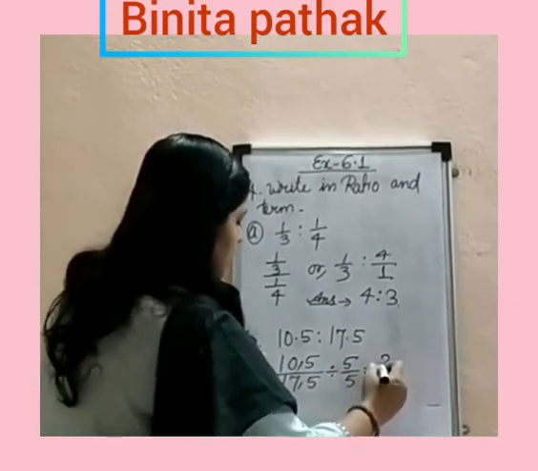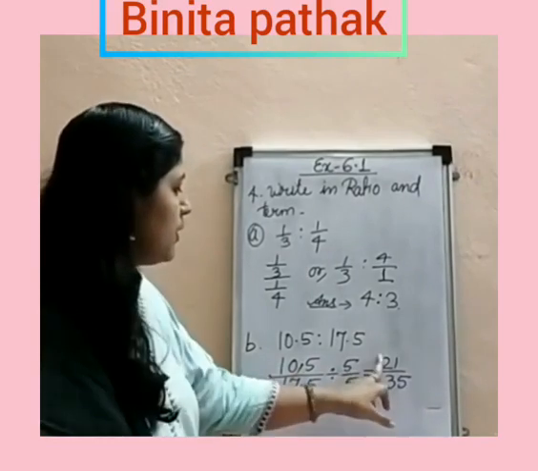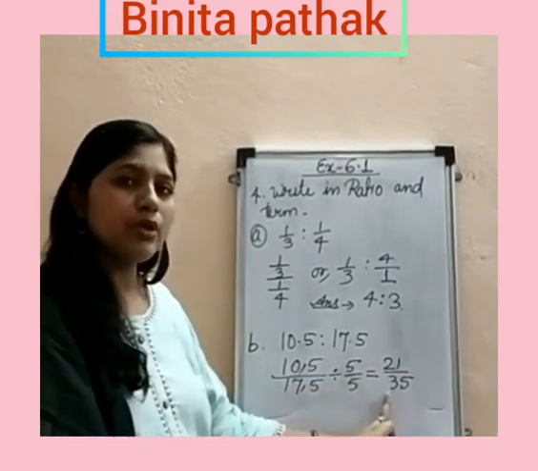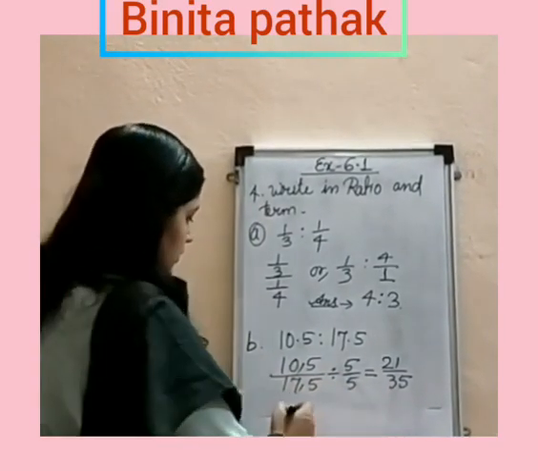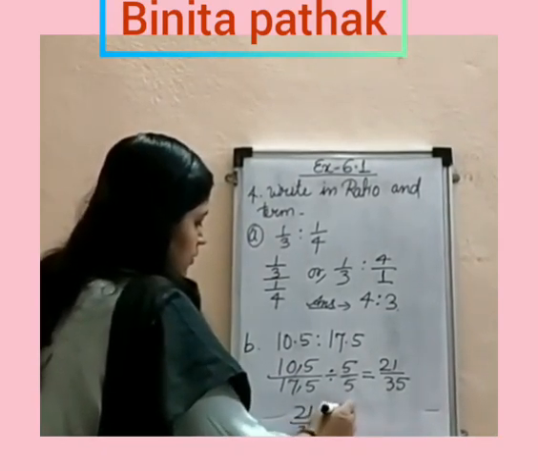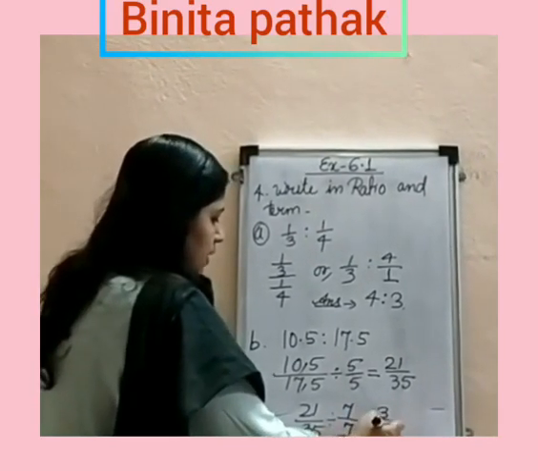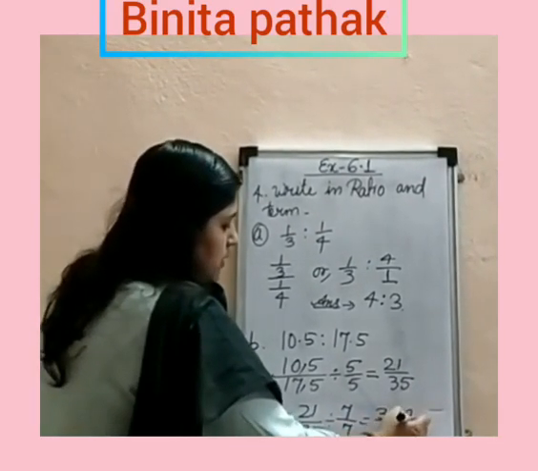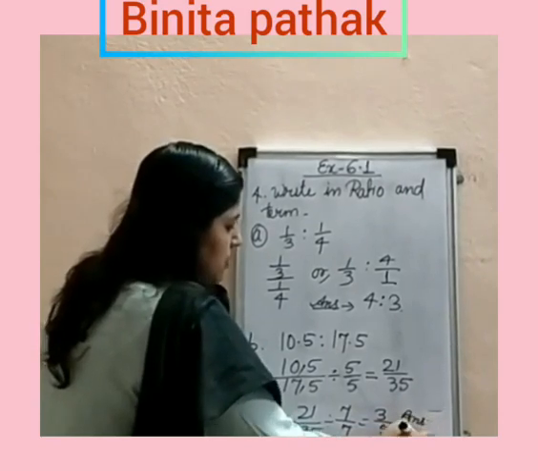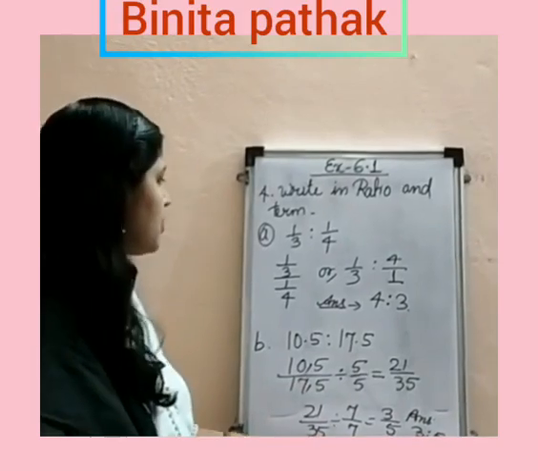So it will be 21 upon 35. But 21 upon 35 can also be cancelled by 7. So 21 upon 35, 7 upon 7, 7 3s are 21, 7 5s are 35. Answer is 3 is to 5.